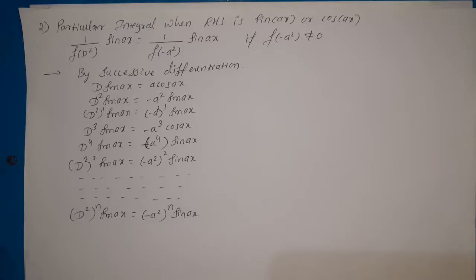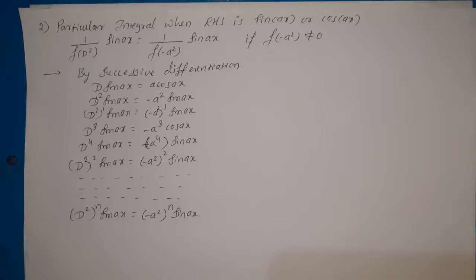So first we have to split the D cube as D square into D, then apply D square equal to minus a square and then solve. Here one D will remain in the denominator, and then we need to rationalize the denominator to proceed further. That we will come to know when we solve the examples.